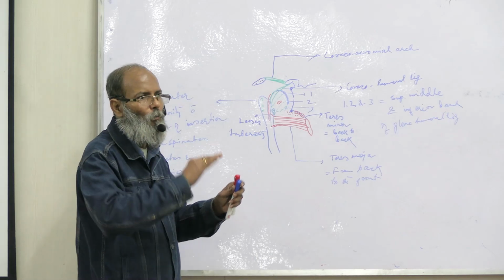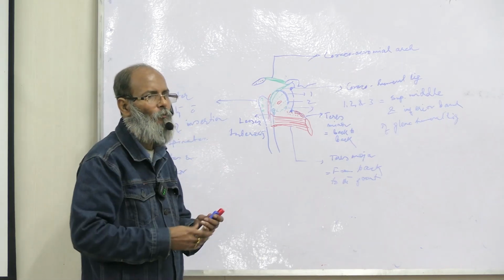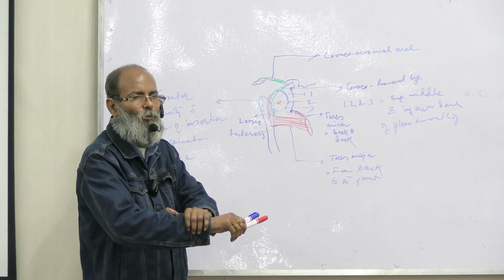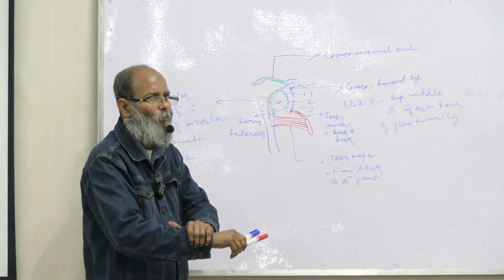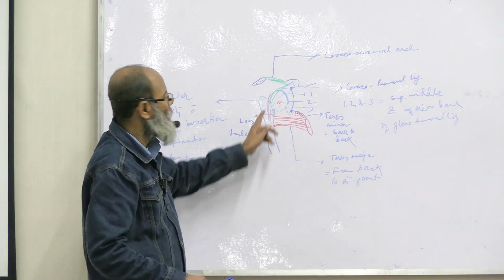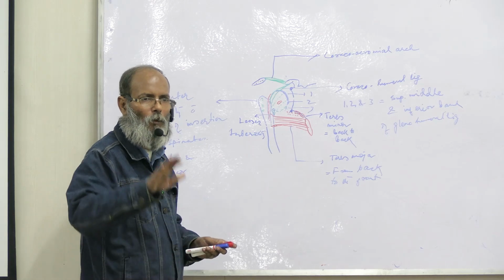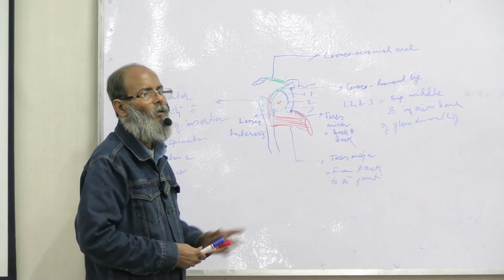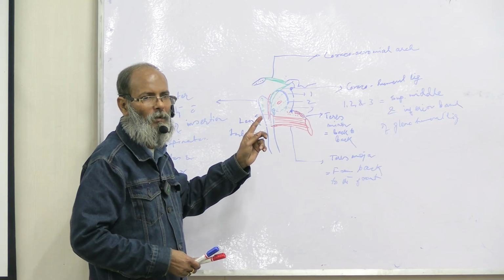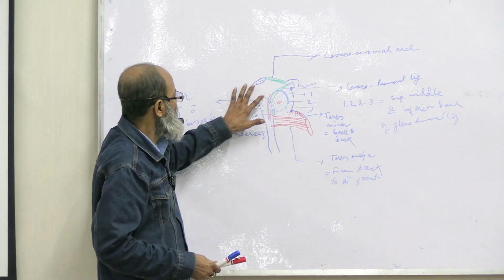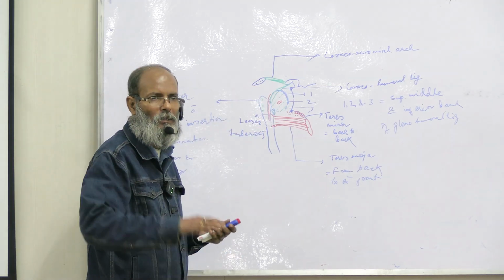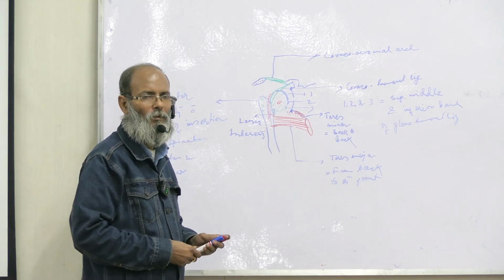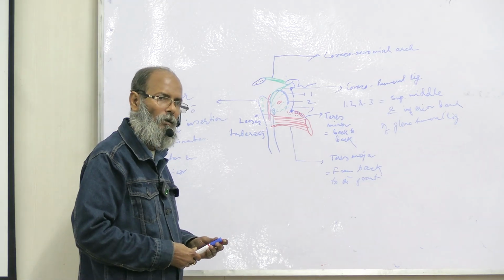This is called bowstringing, and the retinacular fibers keep the tendons attached to the bone so that there is no bowstringing. So the biceps tendon is prevented from bowstringing by this transverse humeral ligament. This ligament that is here prevents the bowstringing of the tendon of the long head of biceps. Got it?